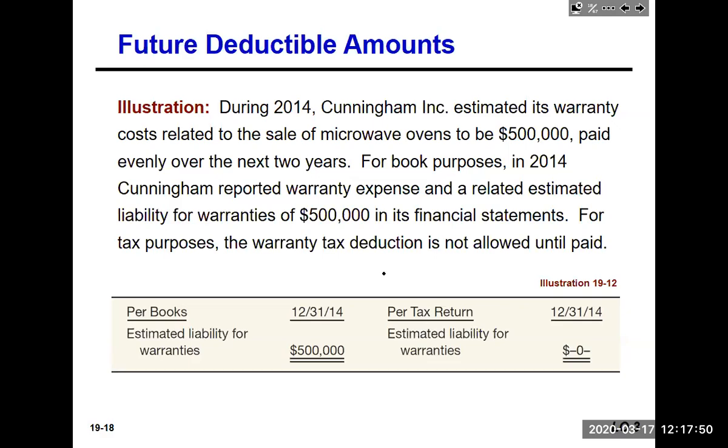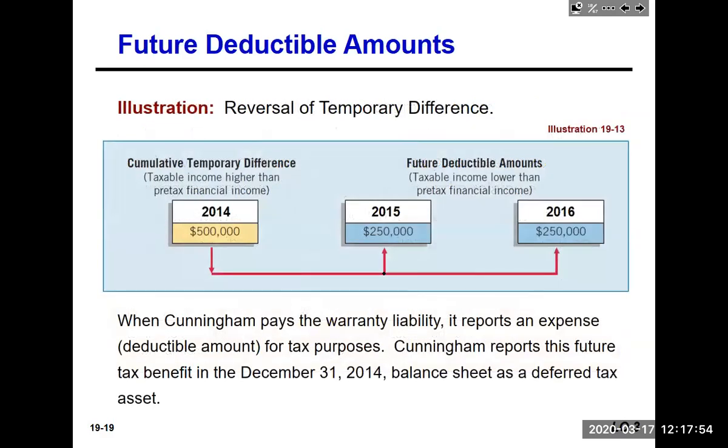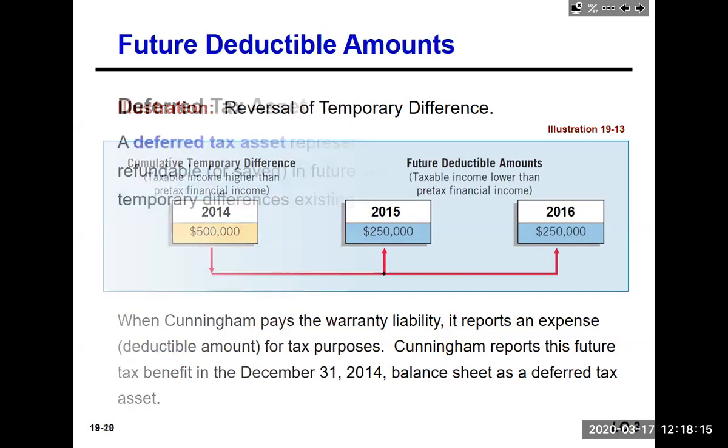Same set of statements. That's what this DTA and DTL is. So here we've got a $500,000 deduction that is going to be disallowed. So we're going to have to pay the tax now and get it back later, $250,000 the next year and $250,000 the next, if it turns out that that's what the actual cash-based warranty costs are.